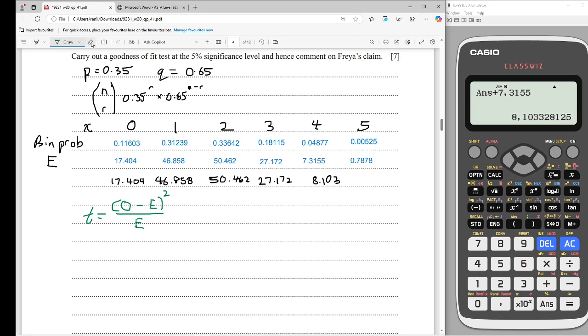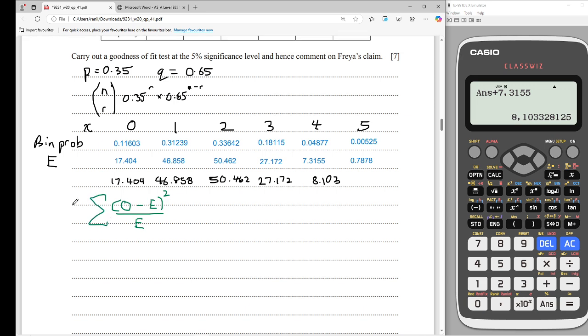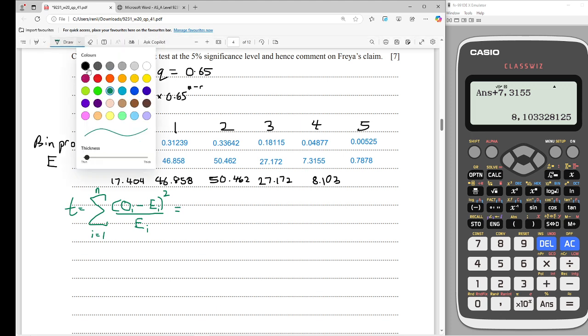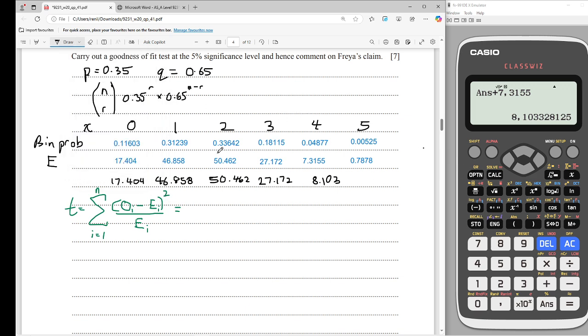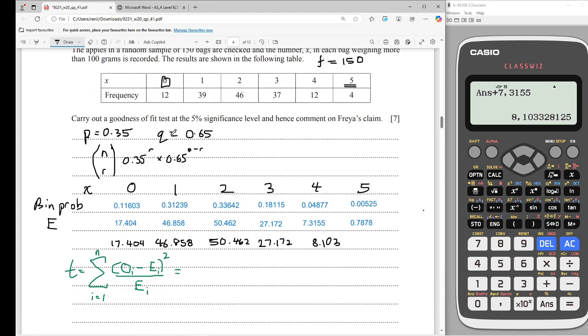Then we repeat this for all, so basically we use the summation, where i equals 1 and n is the maximum number, which is 5. So this is our entire formula. Using this formula you can get our values. We have an observed value for the first one as 12.